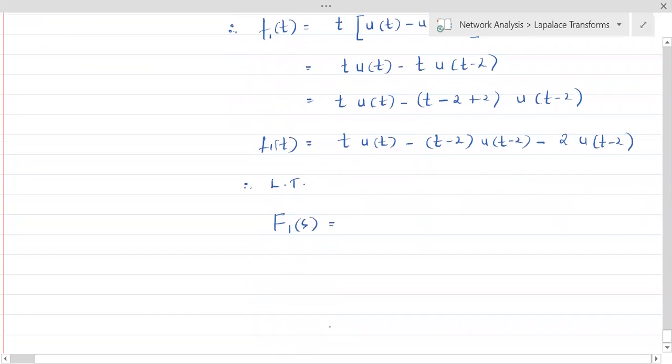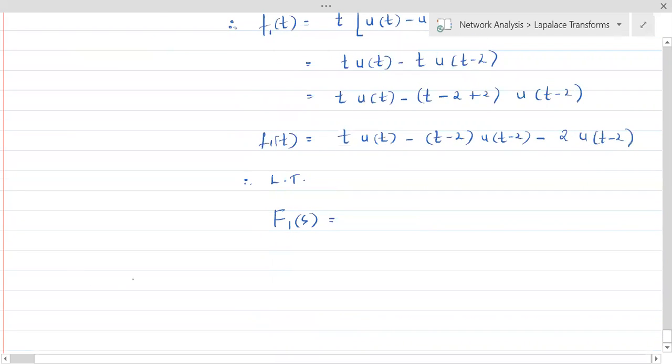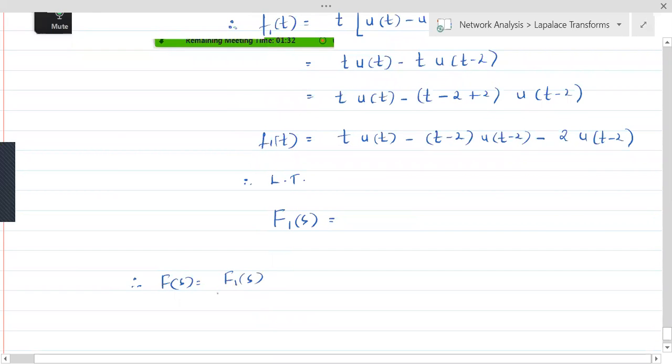And once you get f1 of s, f of s would be f1 of s divided by 1 minus e power minus Ts, where T is equal to 2 seconds.